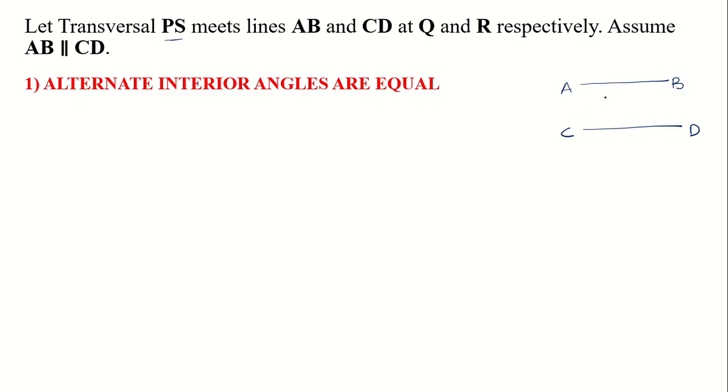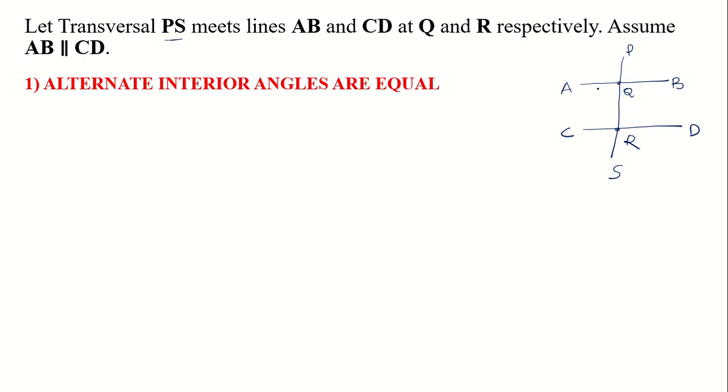To these parallel lines, a transversal PS cuts through. Let this transversal be PS, and it is cutting at point Q and at point R. As you can see, this is a diagram of the given statement.